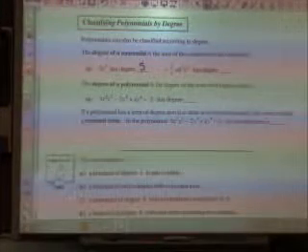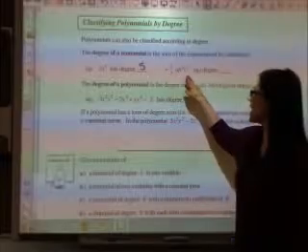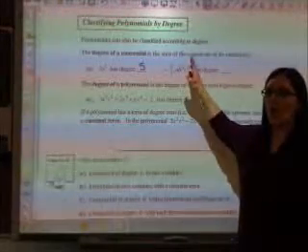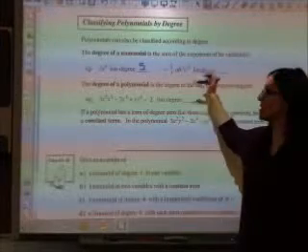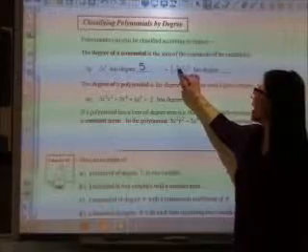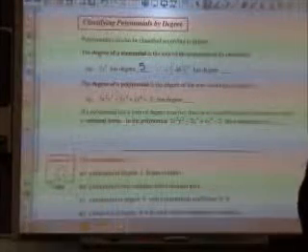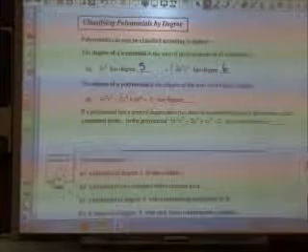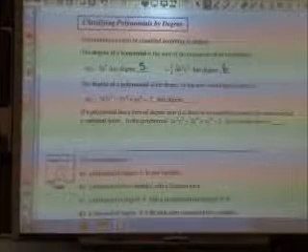If I look at the second one, I have several variables all being multiplied together. So I look at their individual exponents. What's the exponent on A? 1. And I add them together. So this would have a degree of 6. That's when I have a monomial.